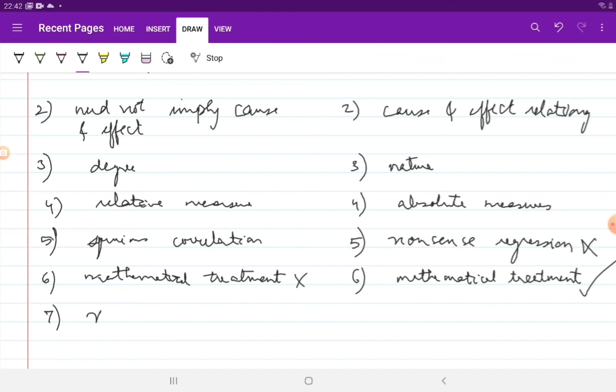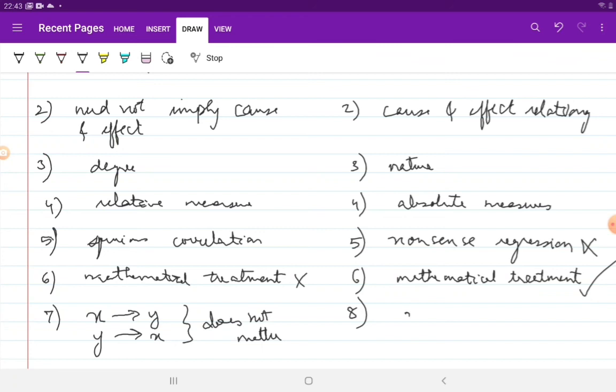whether x depends on y or y depends on x. But we cannot say that for regression. In regression, we are estimating a functional relationship between x and y.